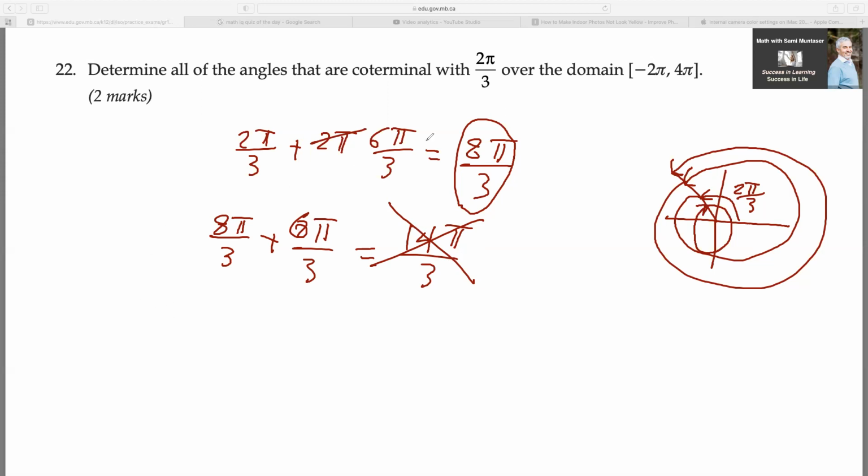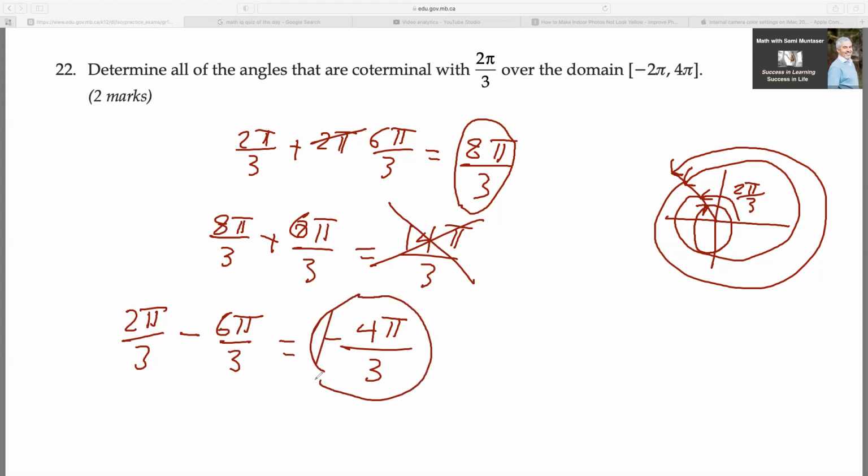Now take the original angle and take away 2 pi, which is 6 pi over 3 if we want to do common denominator. That gives me negative 4 pi over 3, still within the same domain. So this is another answer as well.